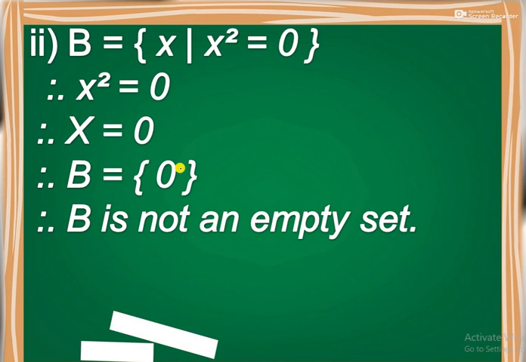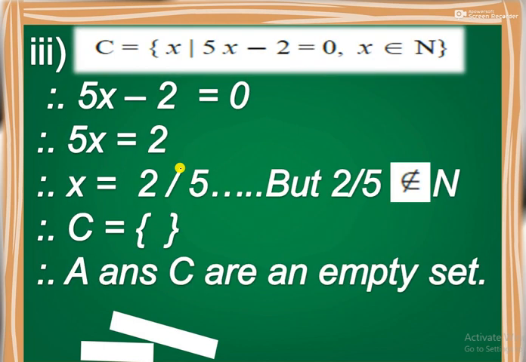Let us see the next one. Next one is C, a set of all x such that 5x minus 2 is equal to 0, where x belongs to N. That means x is a natural number. Let us solve this equation. 5x minus 2 is equal to 0.